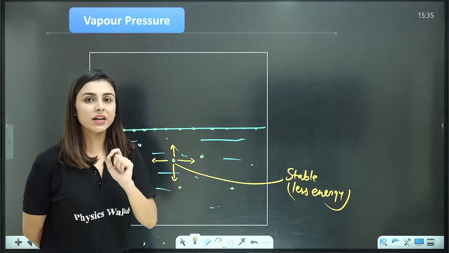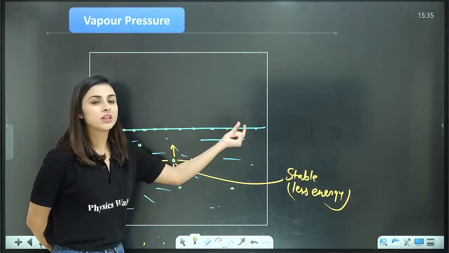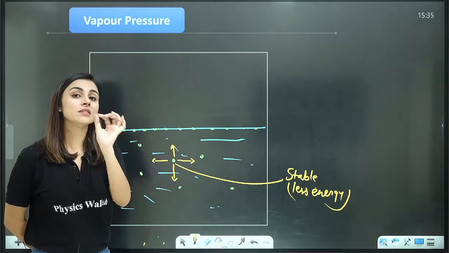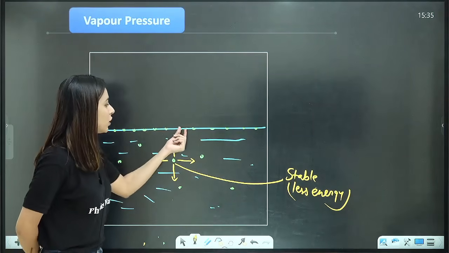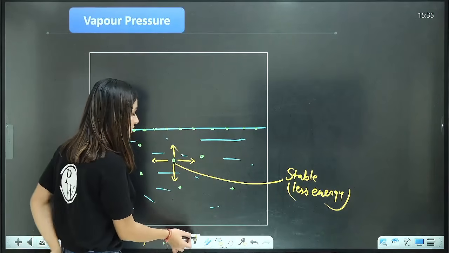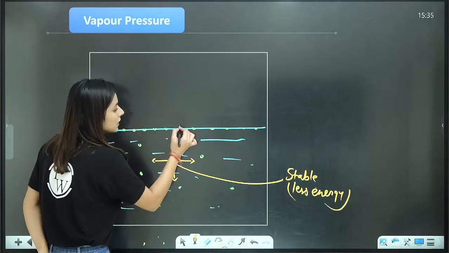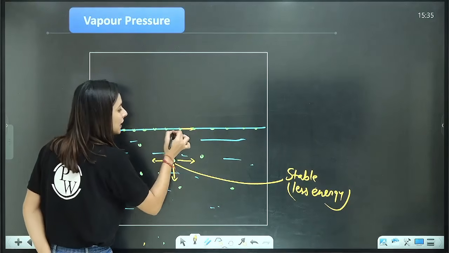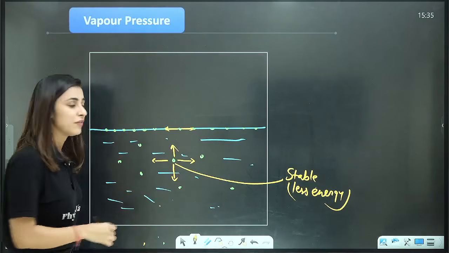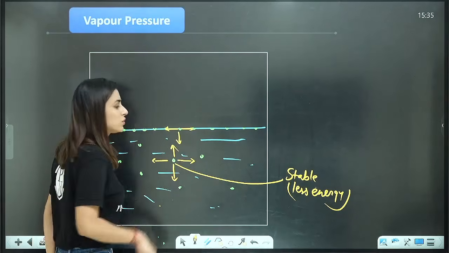Right? Now understand the thieves on the surface, or the particles on the surface of your liquid. If you see this particle on the surface of the liquid, this particle will pull it towards itself, and downward force will also be present.